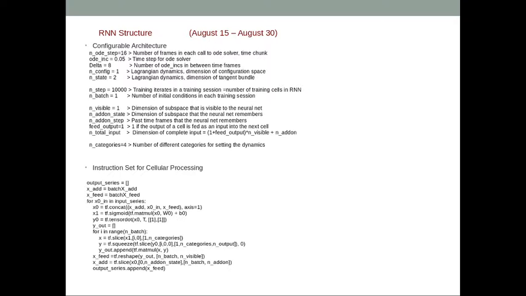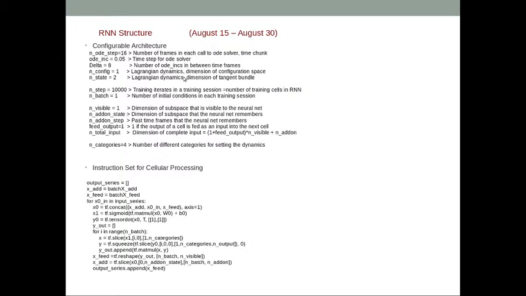So what is part of our configurable architecture? Well, looking at the top right here, that set of parameters configures the dynamical system and the ODE solver.